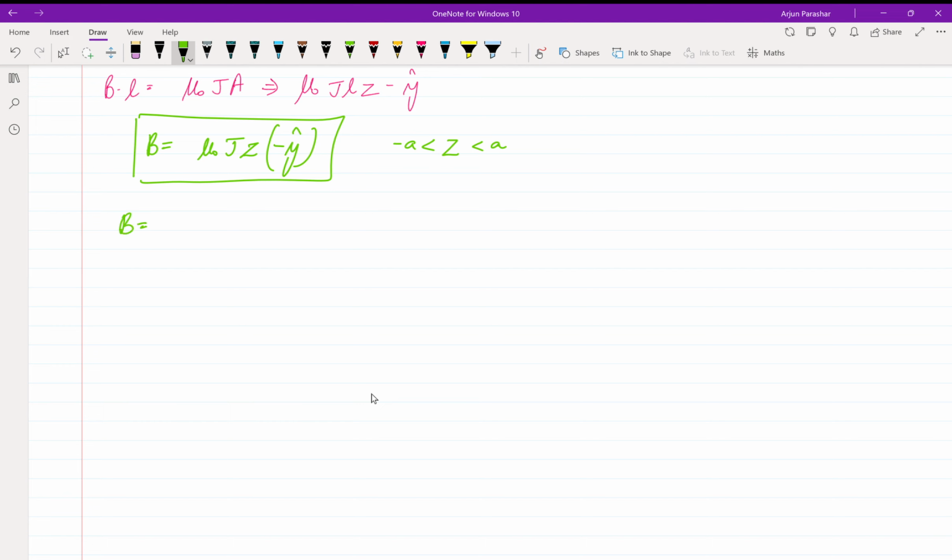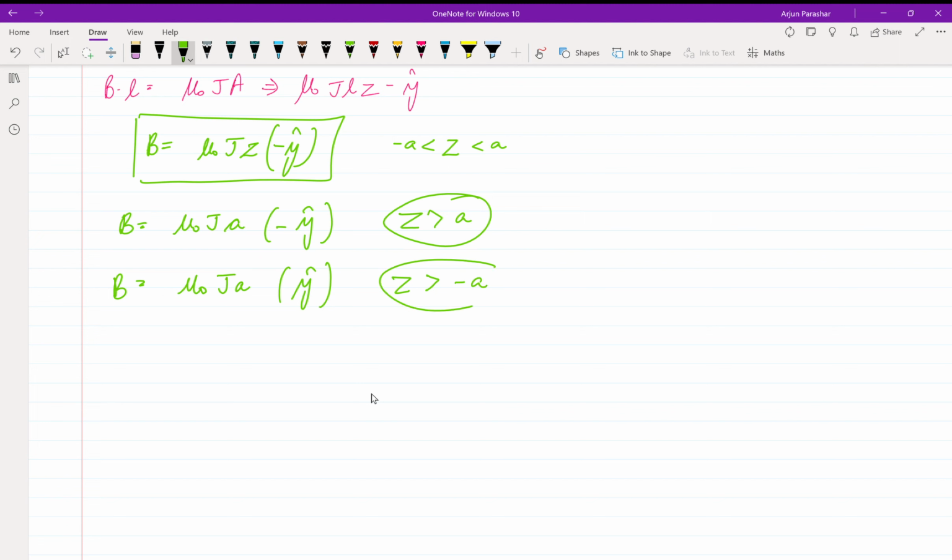But when we go outside the rectangular or thick slab, it becomes minus A if Z is greater than A. And if Z is less than minus A, it becomes plus A, because we have considered the Amperian loop like this.